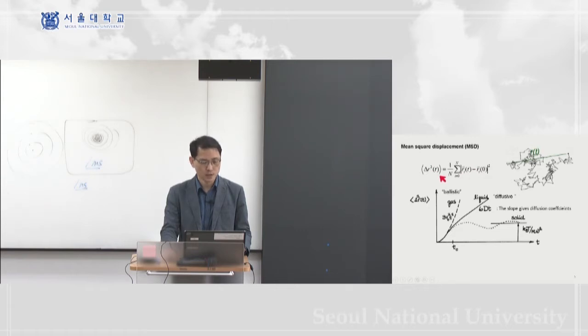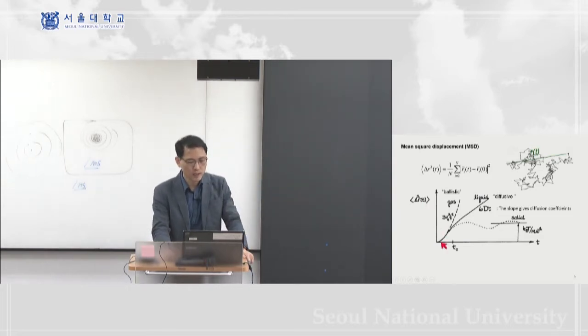As a function of time t, you can plot this mean square displacement, and it will look like this. After some initial behavior, it will show a more or less linear slope of r squared with respect to time t. This is called the diffusive behavior.